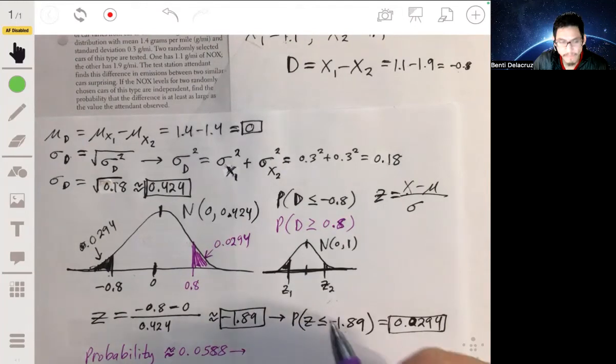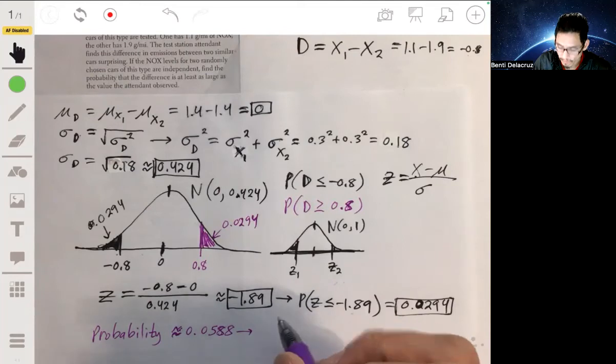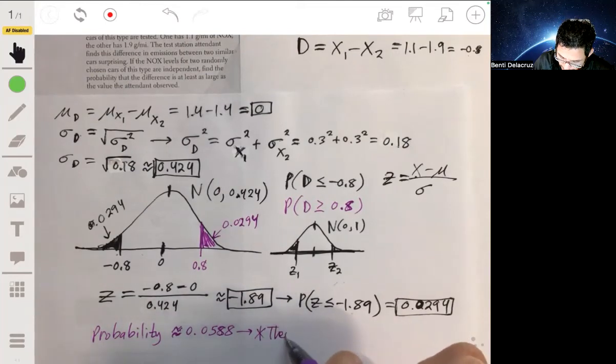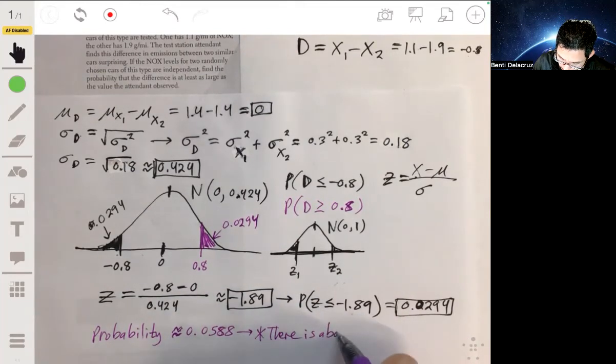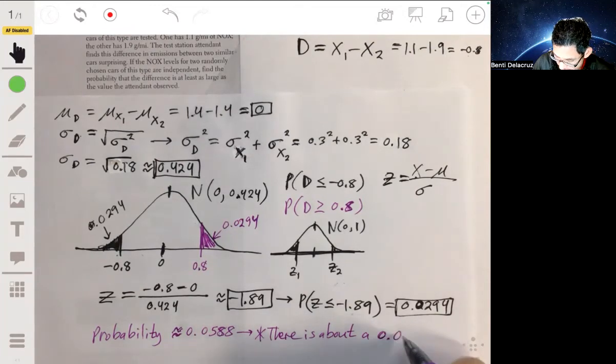So here we go, let's finish the problem. You can leave it as a decimal if you want, it doesn't matter.